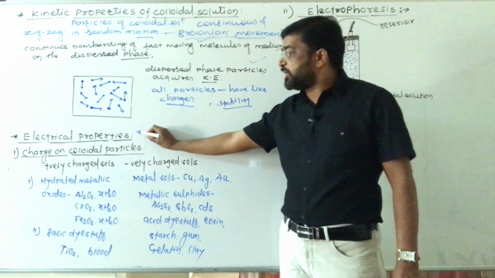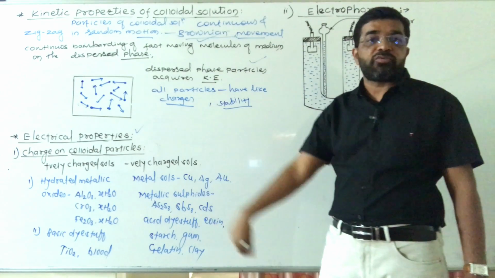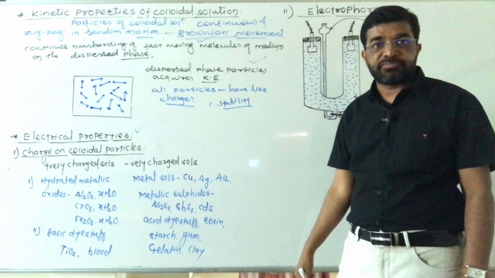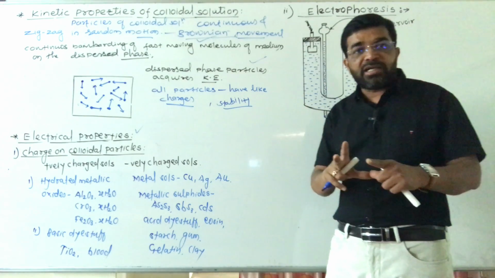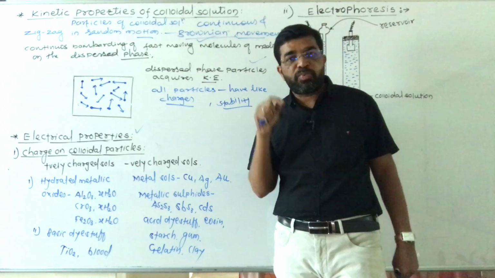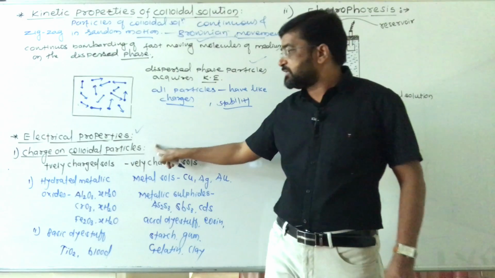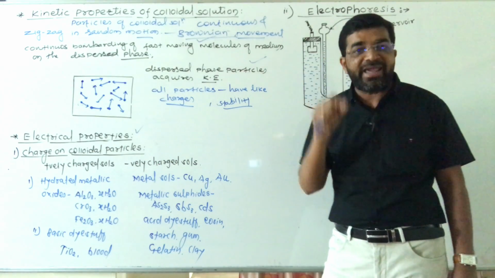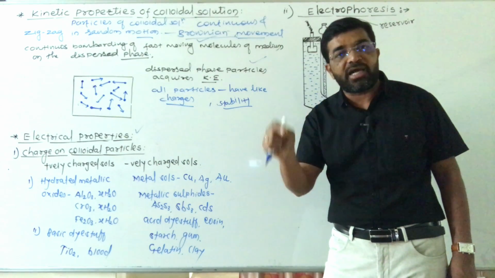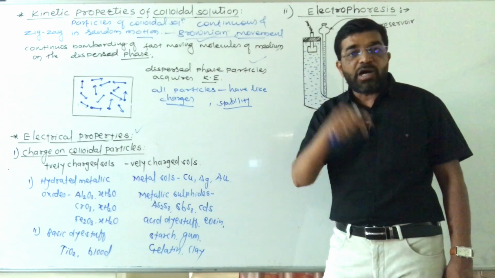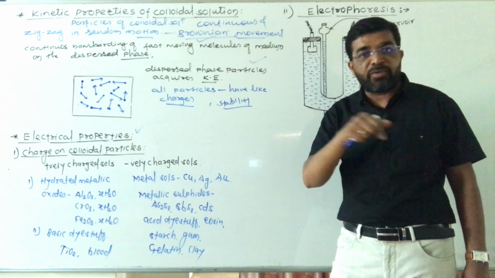The next property of colloidal solution that we have to study is electrical properties. First of all, we have to study electrical charge on colloidal particles. Why does the colloidal particle acquire charge? How does the colloidal particle acquire charge?